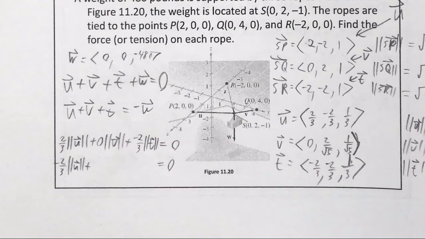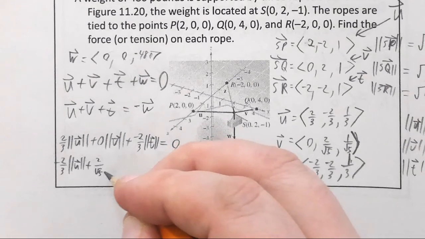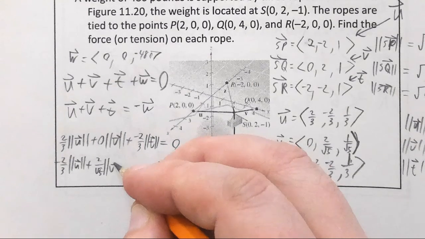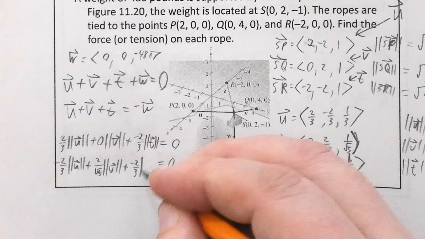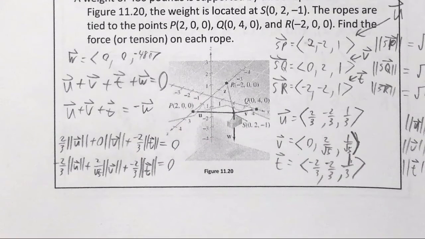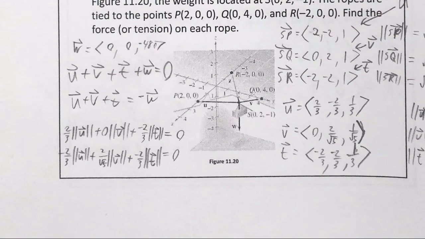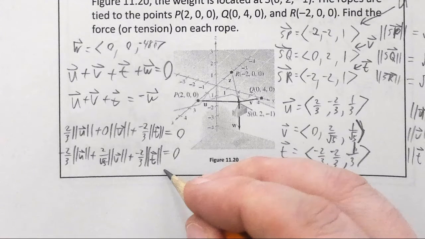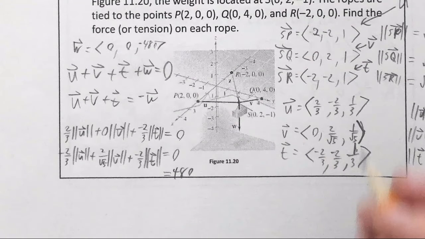So negative 2/3, 2 square root of 5, and negative 2/3. And then what will my last equation be? So the exact is equal to 480.